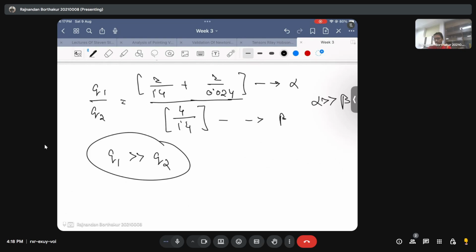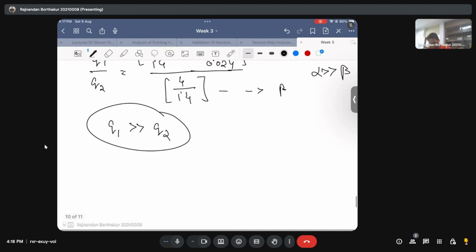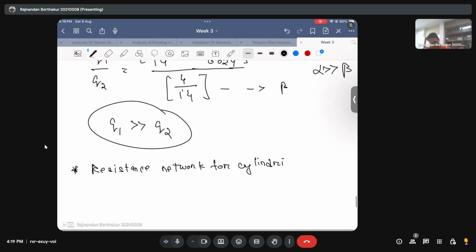Okay, so we will now look into another aspect of resistance network, that is resistance network for cylindrical objects.